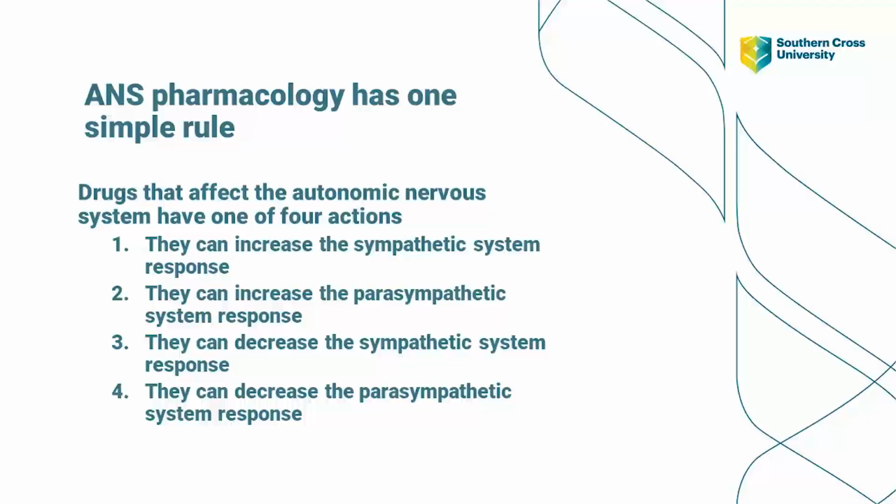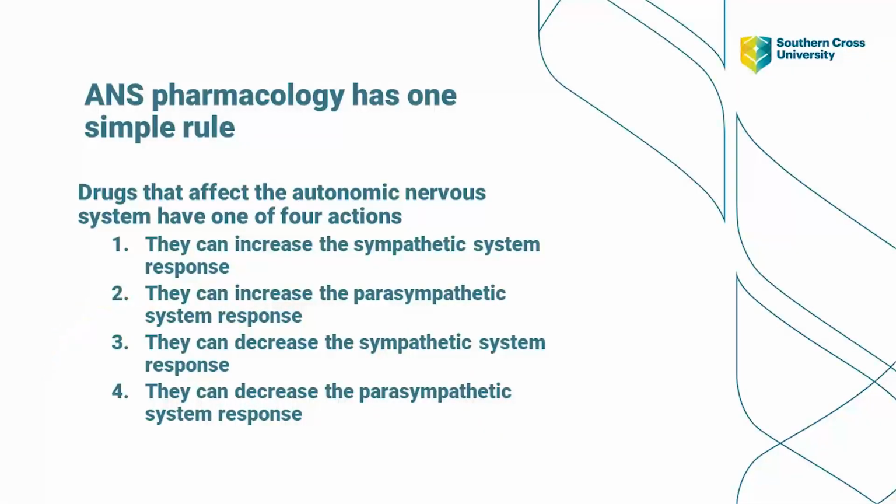And like I said before, in order to understand the other actions of that drug, all you have to do is understand the fight or flight response and then go through those other organs that are innervated by the sympathetic nervous system.